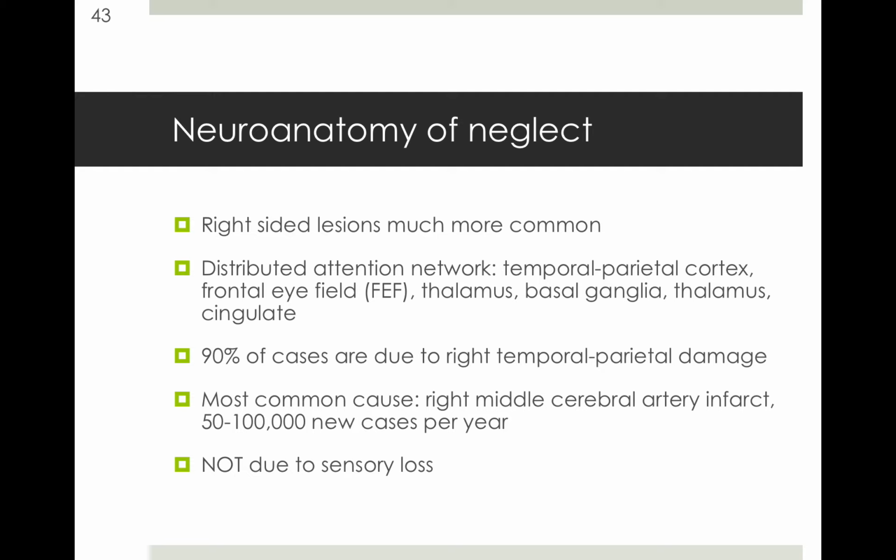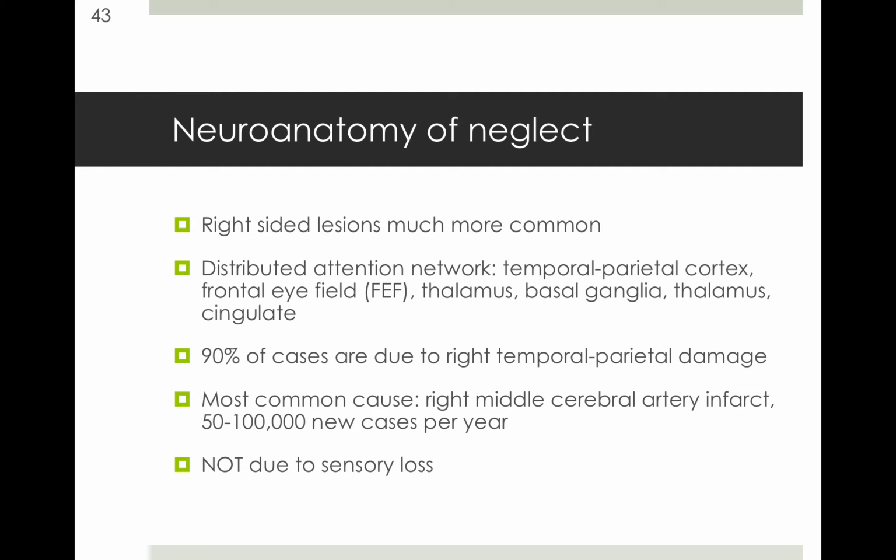That includes the temporoparietal cortex, including frontal eye fields, which are in the frontal lobe, close to the motor areas. But sometimes you also see some subcortical damage, such as thalamus and basal ganglia, and the cingulate cortex. And this is mostly due to right hemisphere damage.